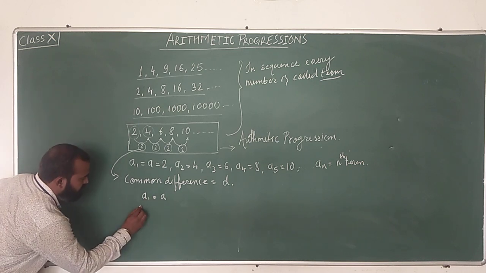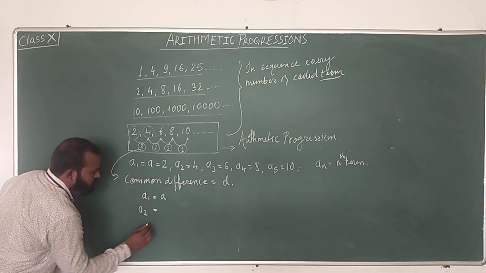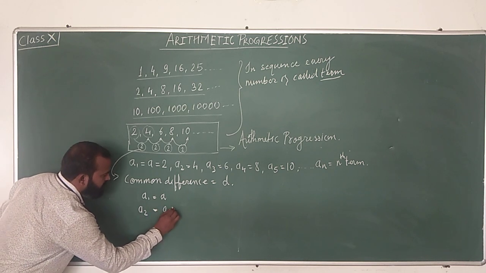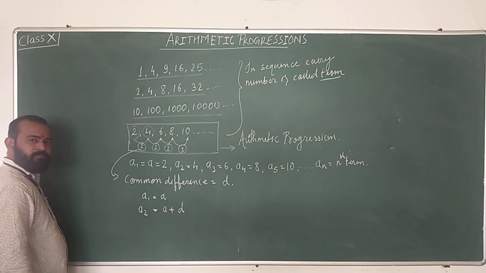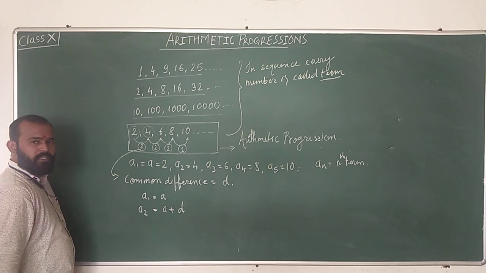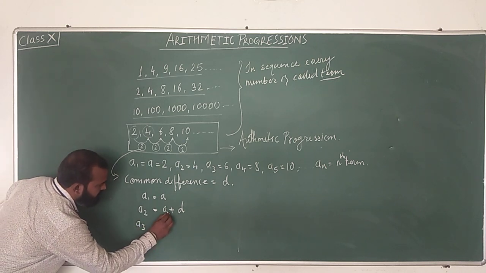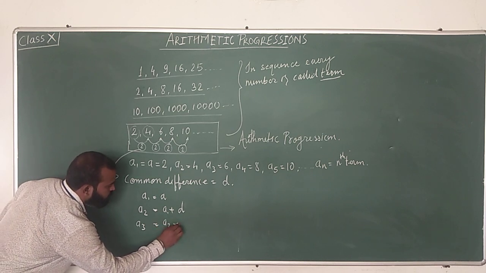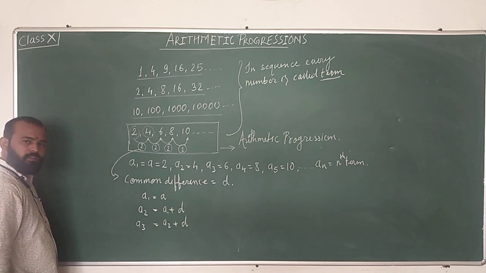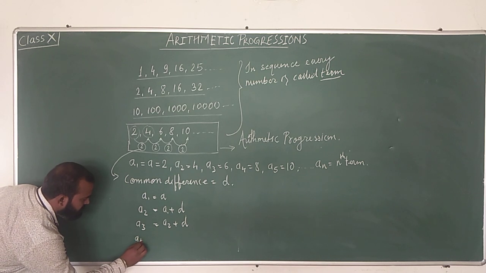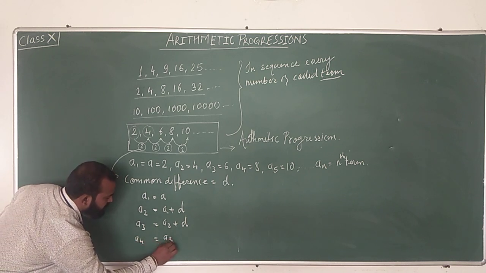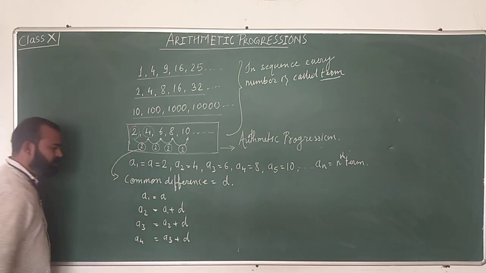Then for second term, that is a2 is always a plus d, means a plus common difference. What is a3? A3 is a2 plus d, right? a4 is a3 plus d, like this.